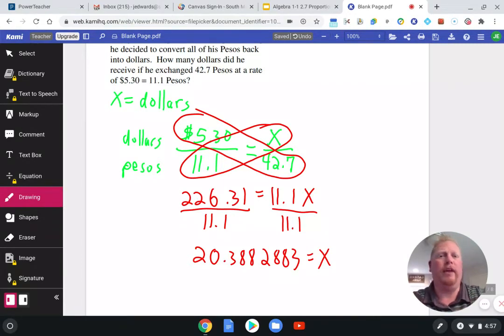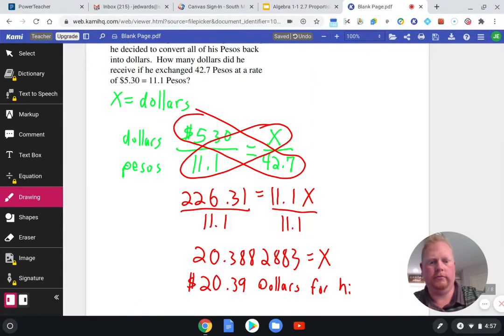No, if it's money, we're going to round it to 2 decimal places. So Sanji is going to get back $20 and probably 39 cents. So remember, since it's a story problem, let's put it in context. So he's going to get back $20.39. So that many dollars for his pesos.